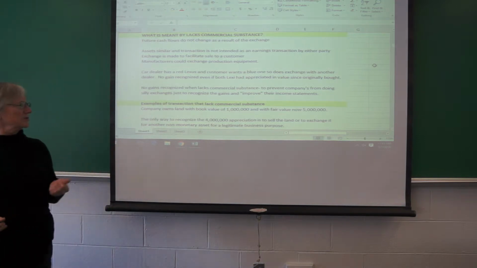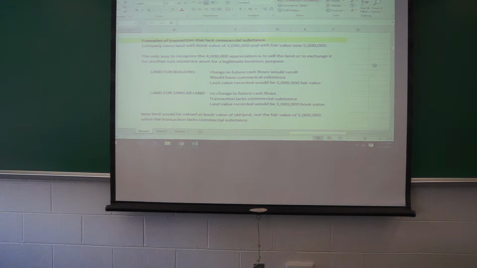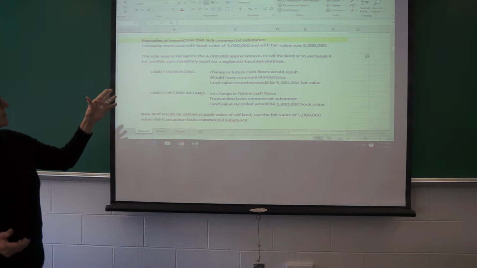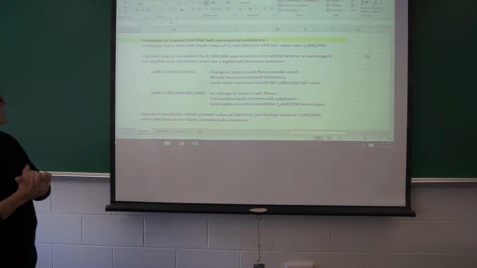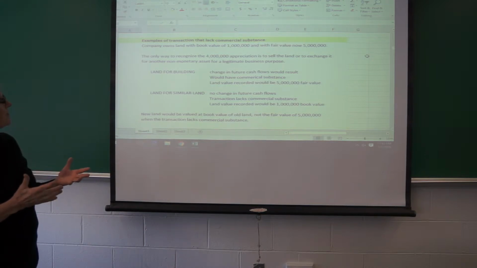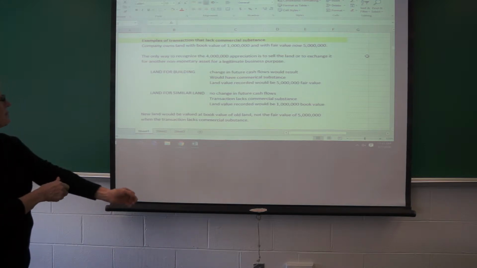Okay, so a few things that might be examples. The company owns some land with a book value of $1 million and a fair value of $5 million. The only way to recognize the $4 million in appreciation would be to sell the land or exchange it for another non-monetary asset for a legitimate business purpose.